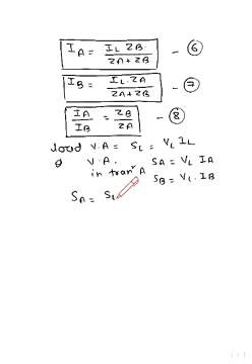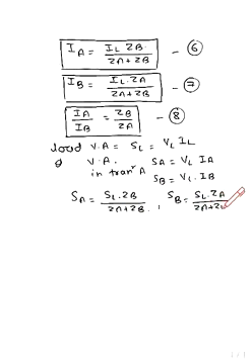This is equation number 6, this is 7, this is 8. So there will be load sharing, but the load share is inversely proportional to the impedance.